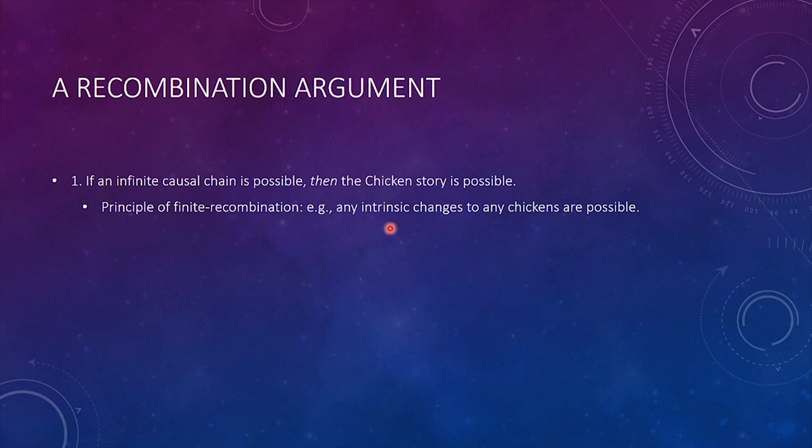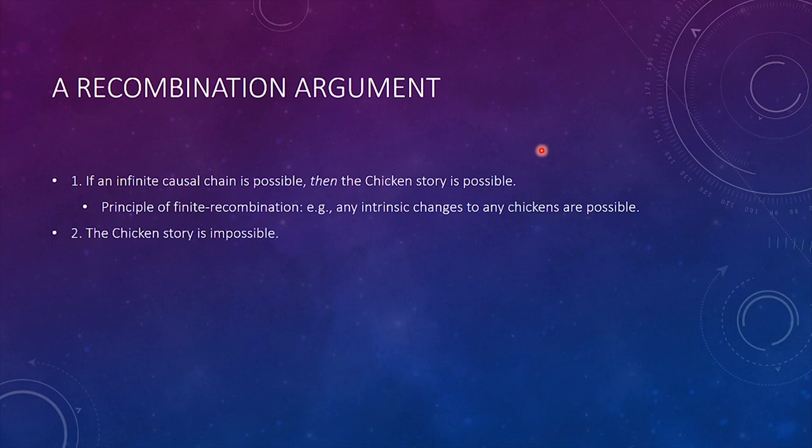The idea is that if there could be an infinite past, then there's nothing to really stop any of the chickens from crossing the road or from having the clock set to the particular times that they have. And if that's right, well, then it seems like one has some support for this first premise, that if an infinite causal chain is possible, then something like the chicken story would also be possible.